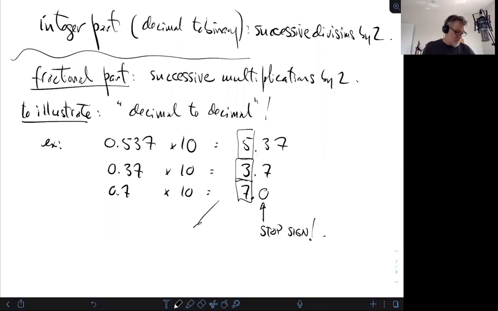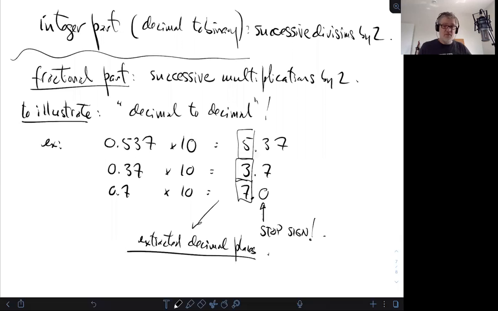So we've extracted the decimal places this way. Now to get the fractional part in binary, what will I do? I'll just multiply by 2 this time. Let's see how this works.